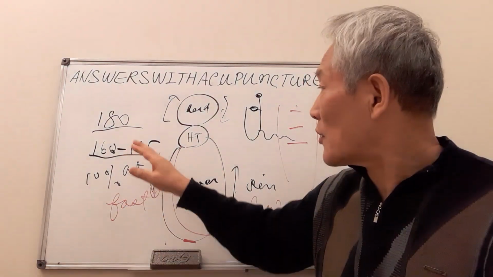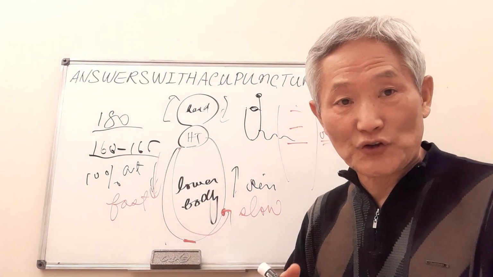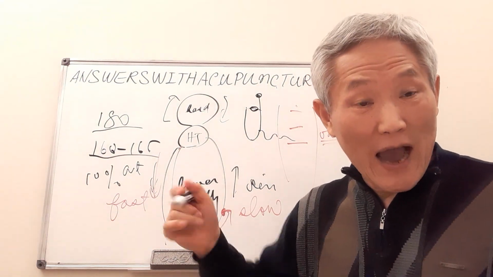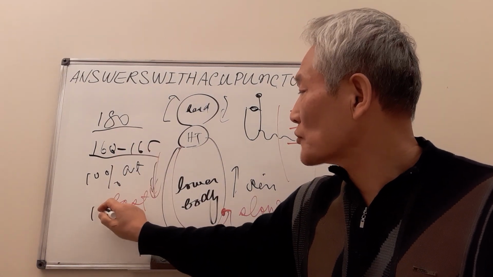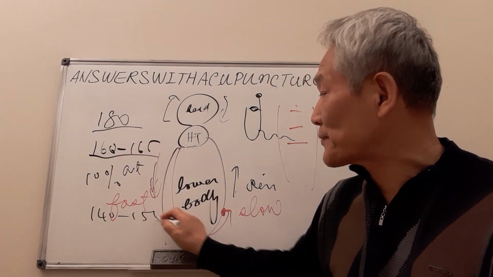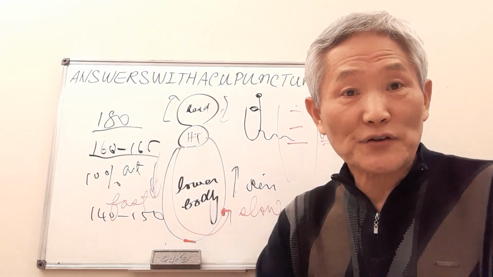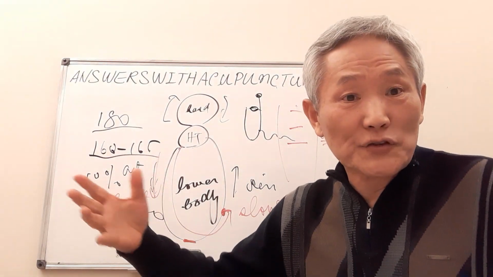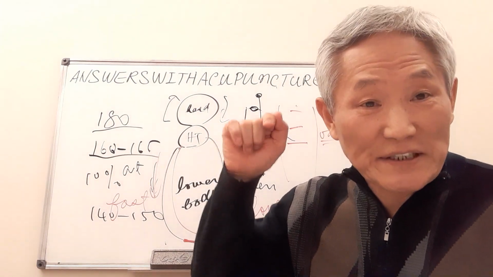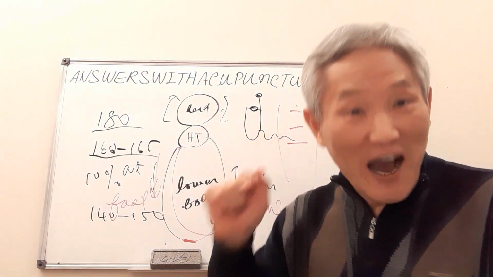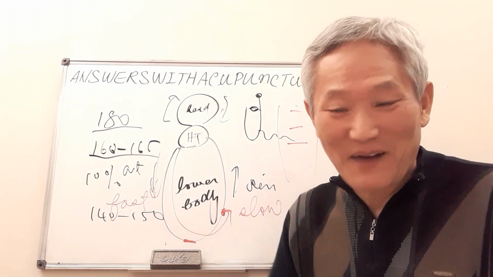Then when I give acupuncture treatment, I test again. Then you come to almost 140 to 150. Then the patient told me, "Oh, it's so easy." No, it's not easy, because you see a good acupuncturist. That's what I said to my patient.